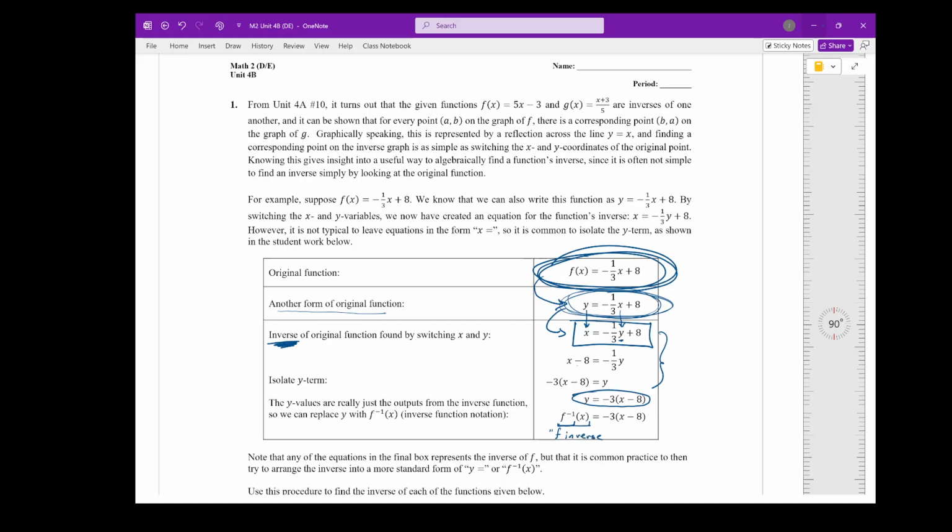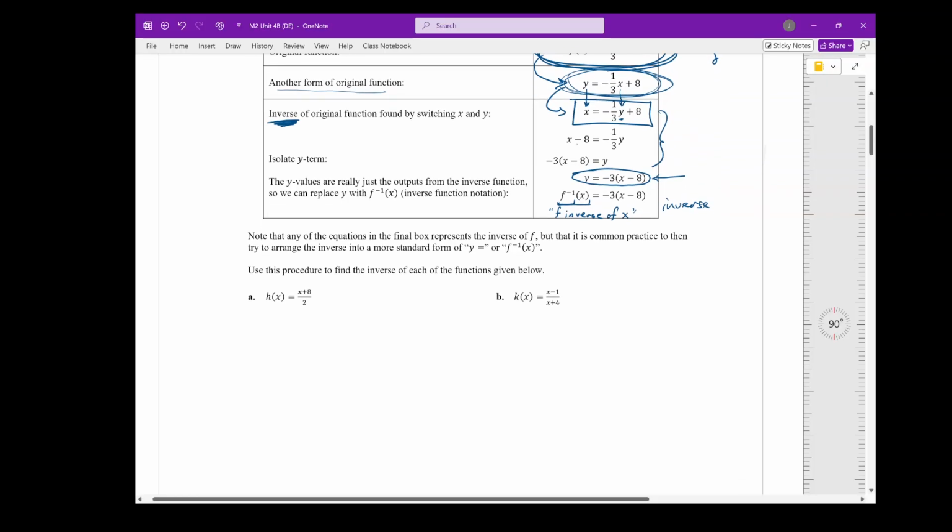The whole thing would be f inverse of x, just like f of x. So here's the original, and here's the inverse. I often leave it in y form, especially if you're not sure if this final thing is a function. Later on, we'll talk about how you actually know if something's a function or not. For now, you don't have to worry about it.